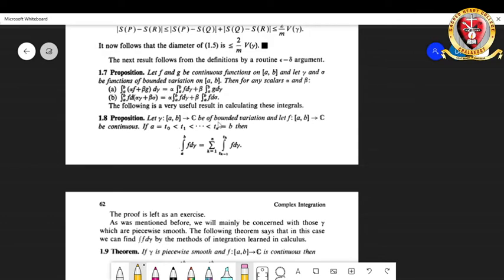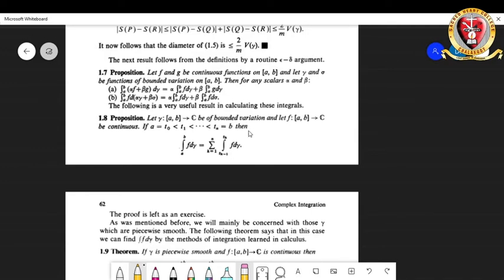And also another interesting proposition is 1.8, which gives a generalized version of what we just said before. That is, if gamma is of bounded variation from the closed interval [a, b] to C, and f is a continuous function from [a, b] to C, and if our interval is divided into subintervals by a partition, then the integral from a to b of f d gamma is equal to the summation, k equal to 1 to n, of the integral from t_(k-1) to t_k of f d gamma.